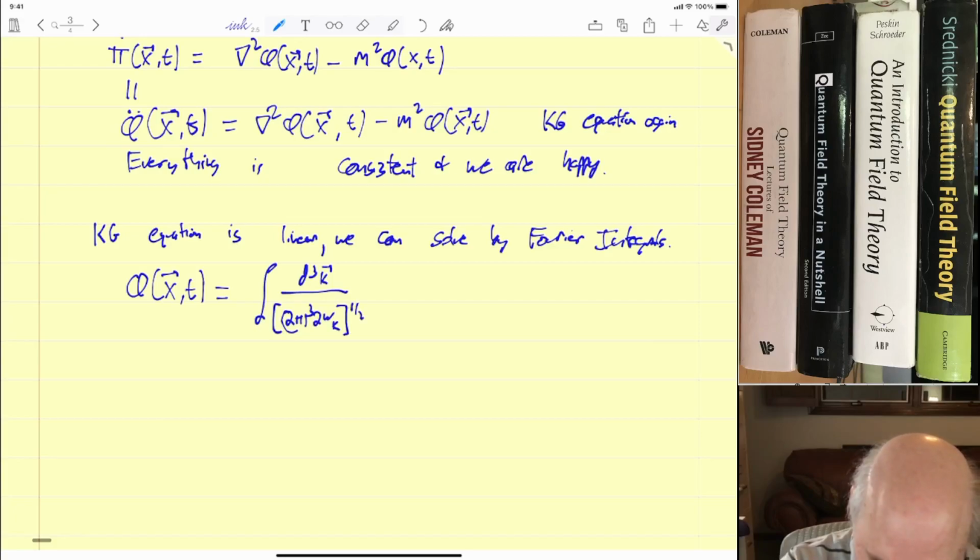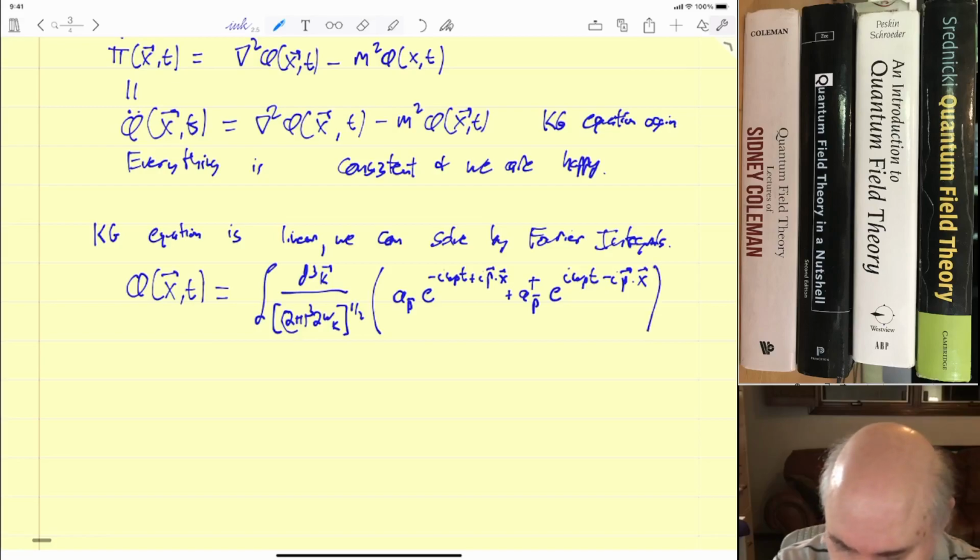The 1/2 is the key here. That's what makes this non-relativistic normalization. And we're going to write it as a_p e to the minus iω_p t plus i p dot x, plus a dagger p e to the iω_p t minus i p dot x.